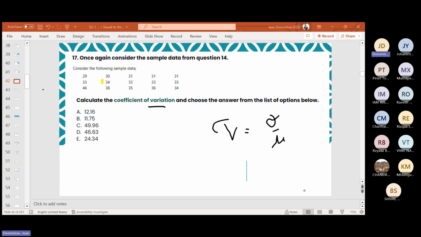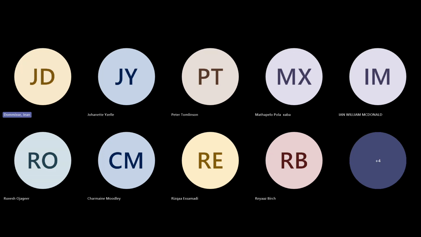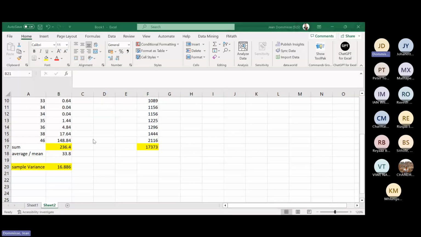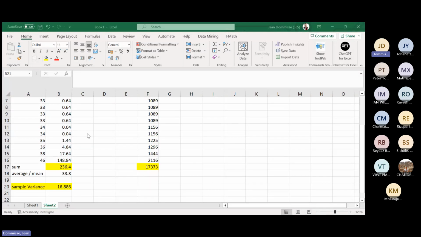Okay, so let me quickly share that sheet again. We're looking at the same data again.